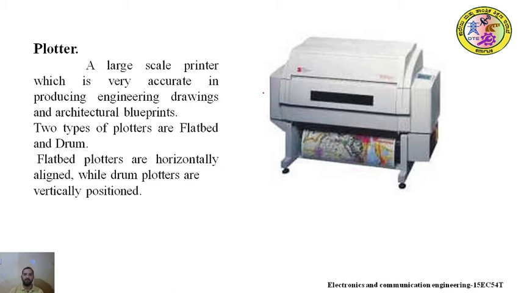We have two types of plotters: flatbed and drum plotters. Flatbed plotters are horizontally aligned, while drum plotters are vertically positioned. So these are some features of printers used in the market.